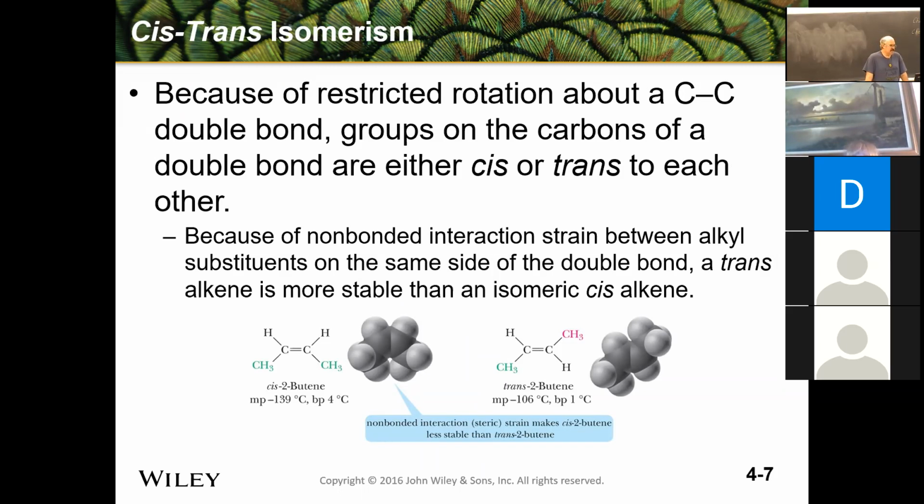Okay, because of this restricted rotation about a carbon-carbon double bond, groups on the carbons of a double bond are either cis or trans to each other. So on the left we have cis 2-butene. I'll make a model of that.